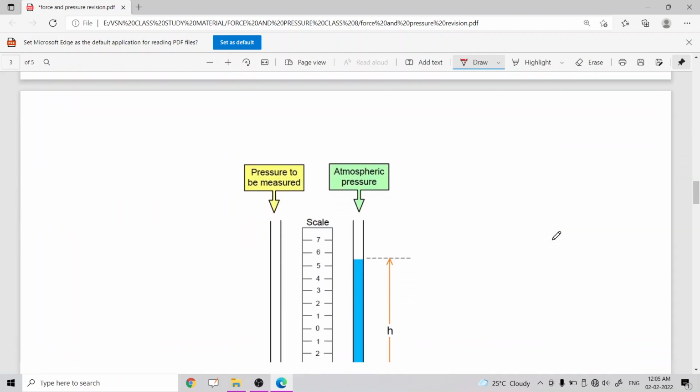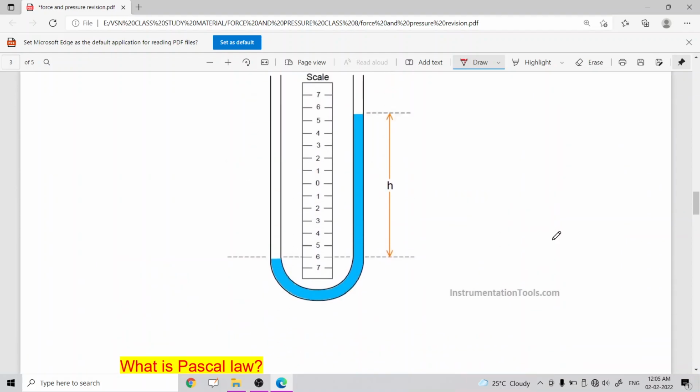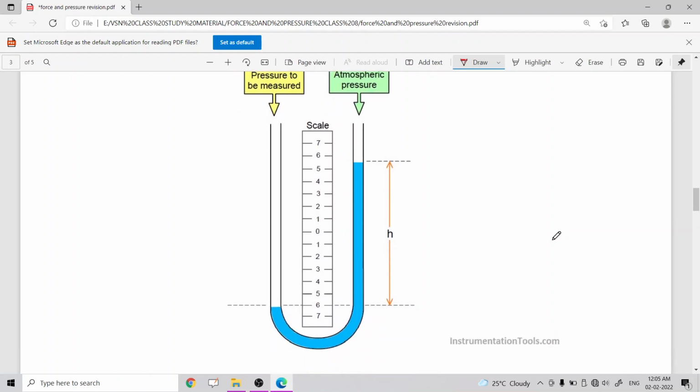In the next slide you can see the simple block diagram of a manometer. Here you see a U-shaped tube with both ends open, and a scale. On the left-hand side is where the pressure is to be measured, and on the right side we use atmospheric pressure.